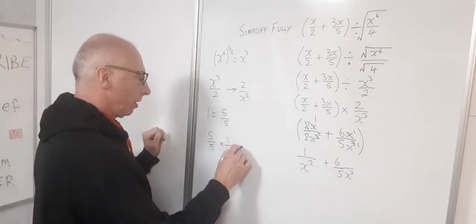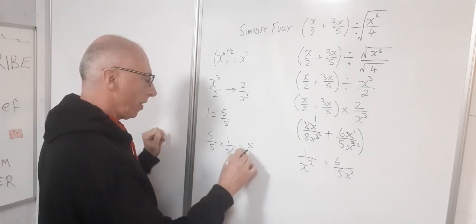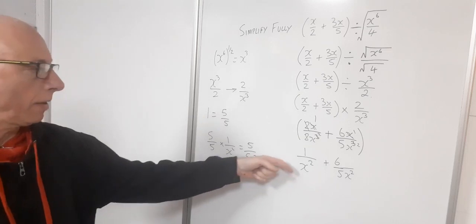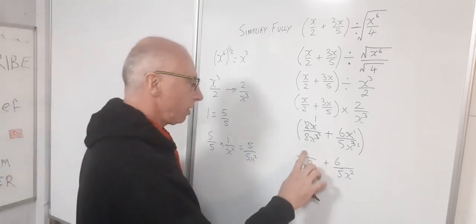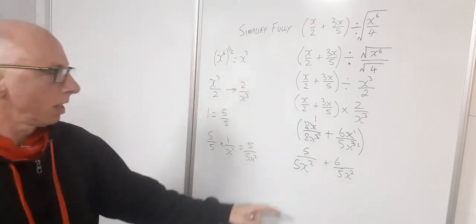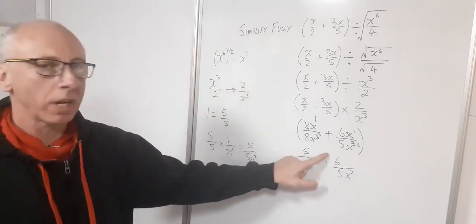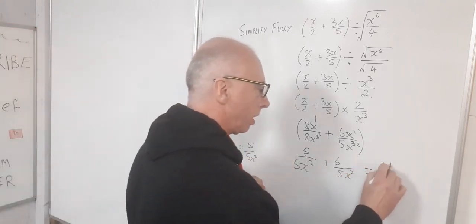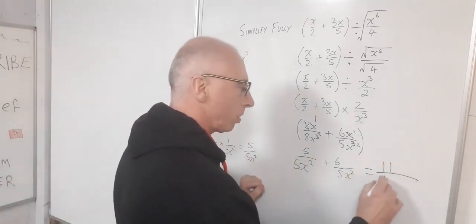So 5 times 1 is 5, and then 5x squared. So now I can change this to 5 over 5x squared. Now I've simply got to add up my numerators, and I can come to my answer. 5 plus 6 is 11, and my denominator is just 5x squared.